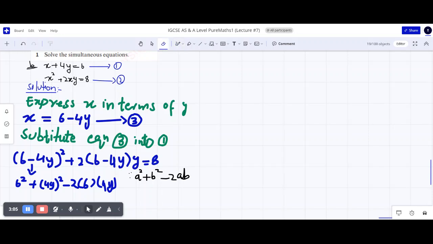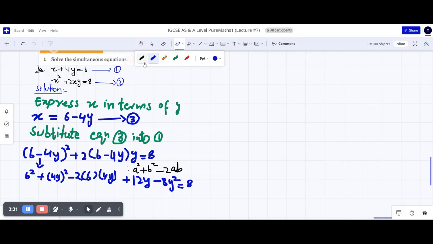Then we expand the second bracket: 2 times 6 is 12y, minus 2 times 4 is 8, y times y is y squared, equals 8.